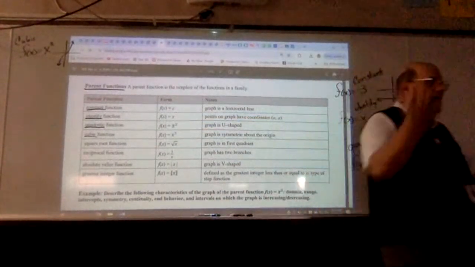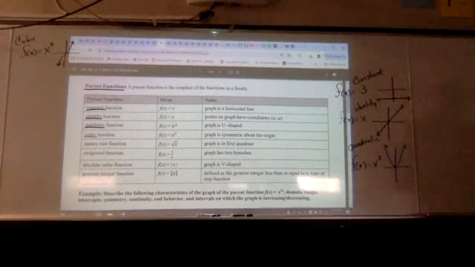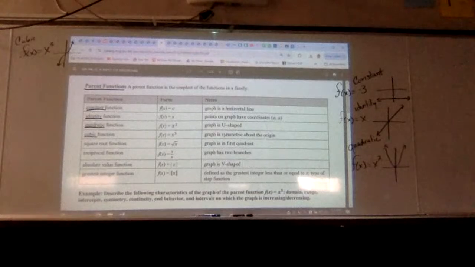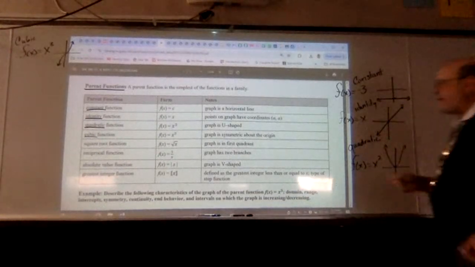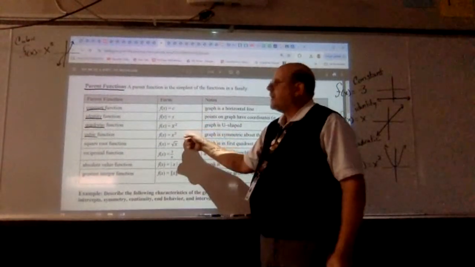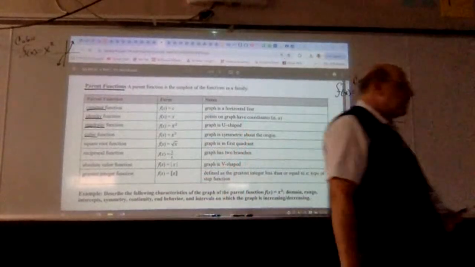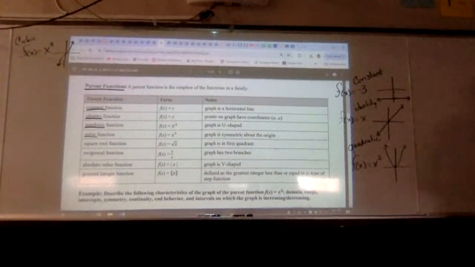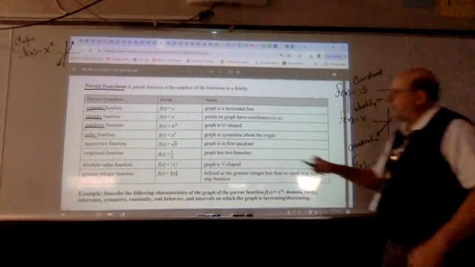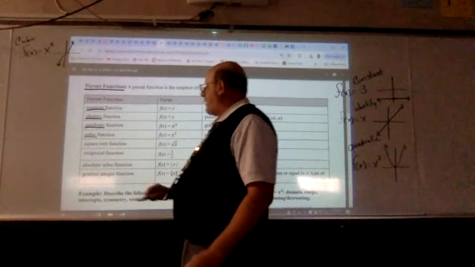So we don't go to higher degree functions and paint a picture of them in parent form because they end up looking like this or this in their parent form. So we don't talk about a function that's fourth degree or fifth degree. God bless you. Thank you. Because they end up looking a lot like these guys, just a little bit flatter in parent form.